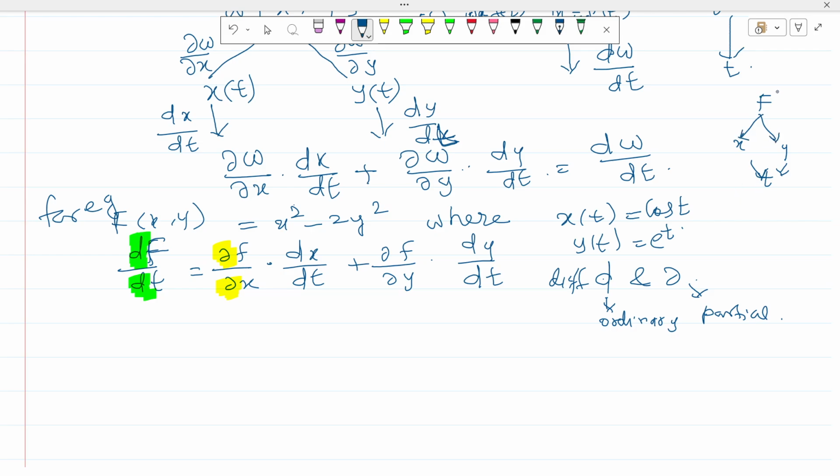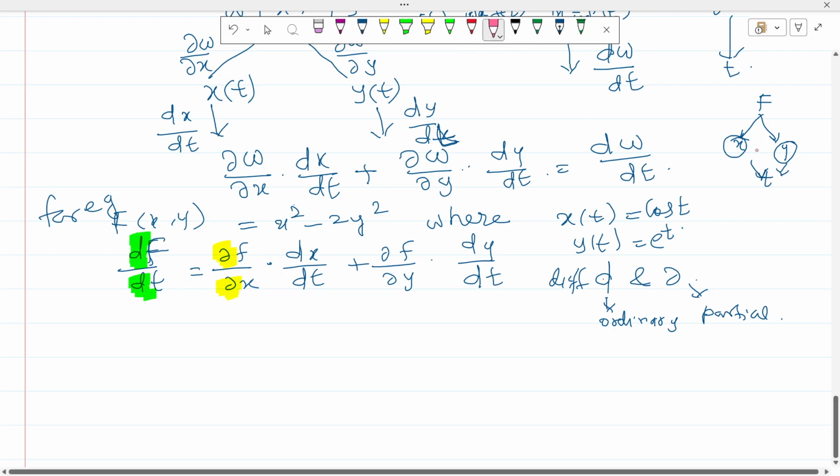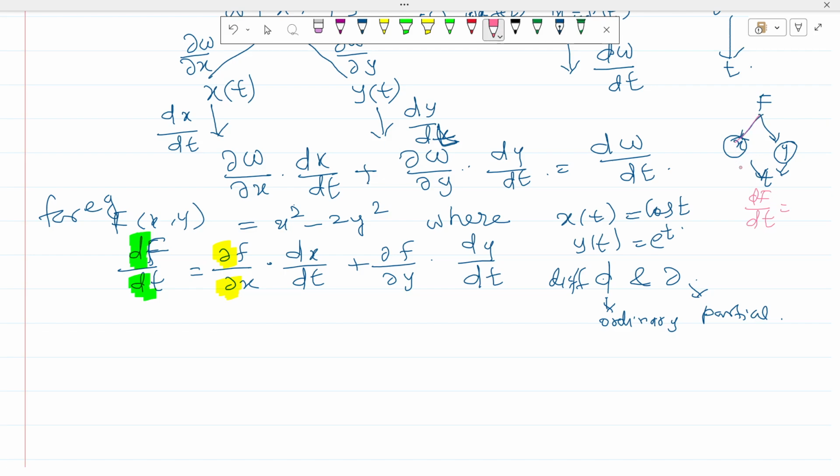So I want to find df by dt either through x or through y. Either I come through x and then reach t, or through y I can reach t. So in the middle I can write r.